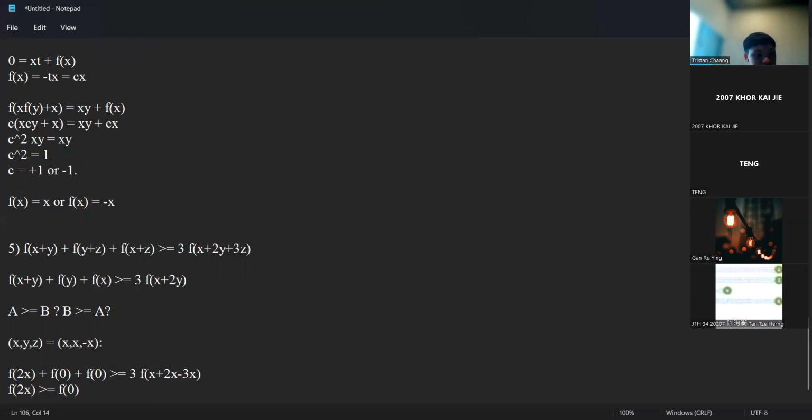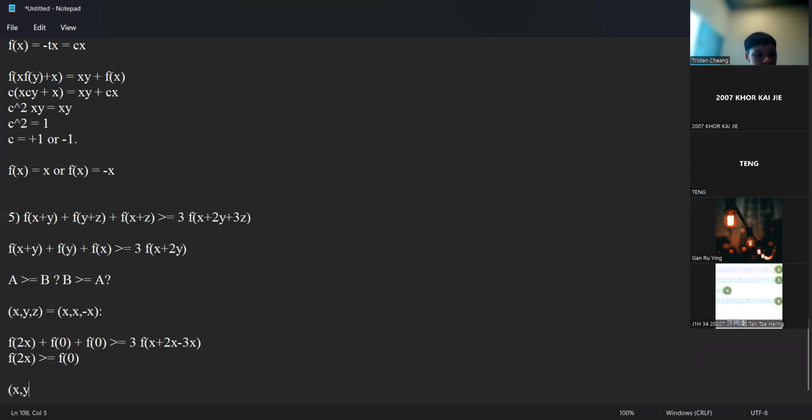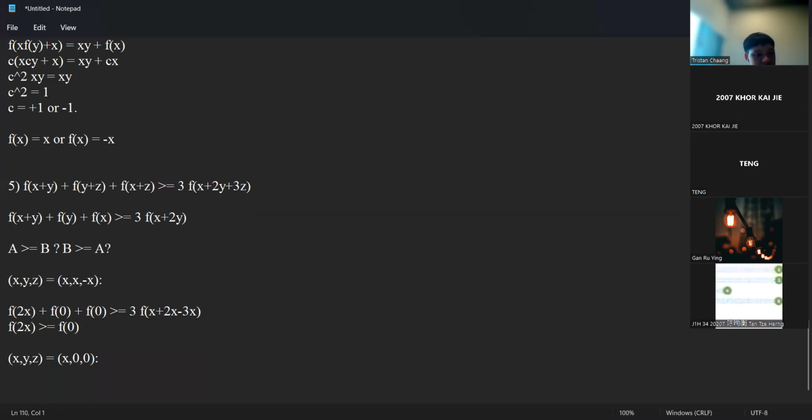Yep, so someone gave a substitution x, 0, 0. What does this give us? This is f(x) plus 2f(0), so f(0) again, more than or equal to 3f(x).